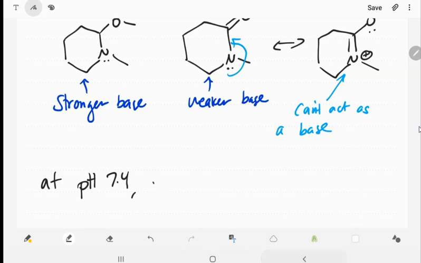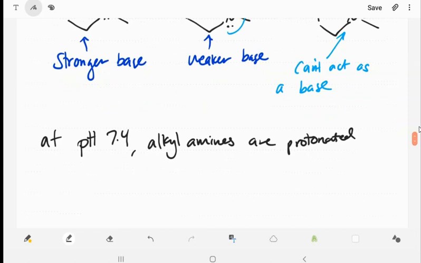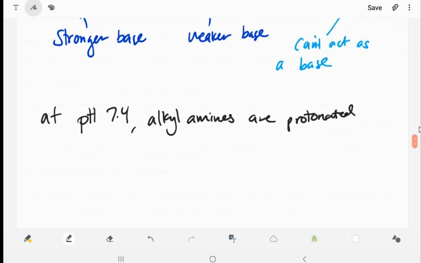Just to put this out there, though we'll cover this more later. In living organisms, specifically humans, at physiological pH, amines are protonated if they're alkylamines. So we're going to see that amino acids, like, what do we have here?